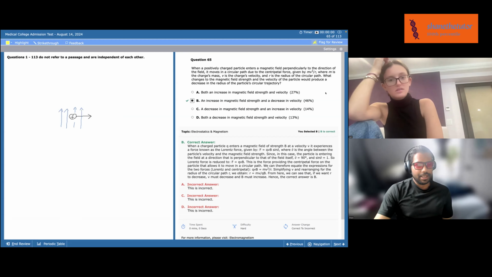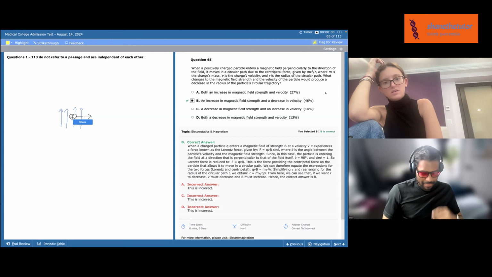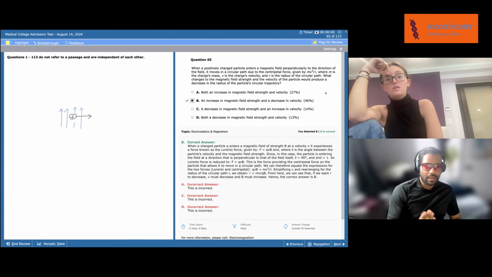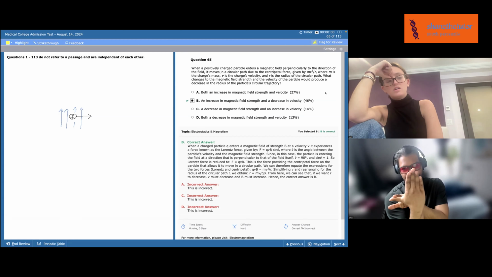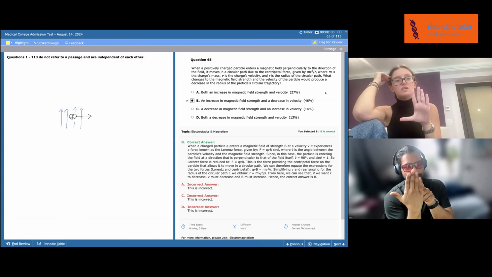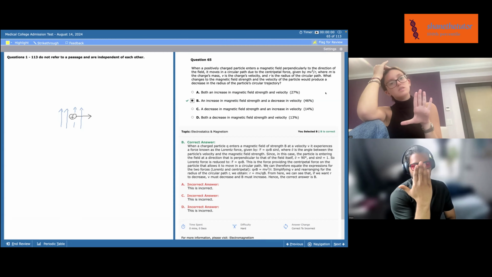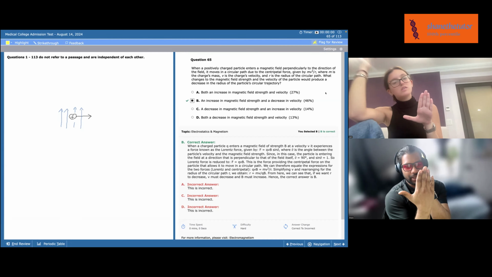So let's say here we have a charged particle moving to the right, so I'm going to make my thumb to the right, and the magnetic field is moving up, so the force is pointing out of the screen.